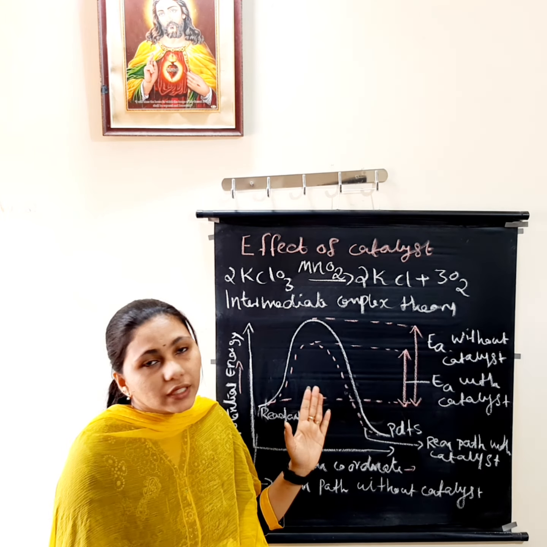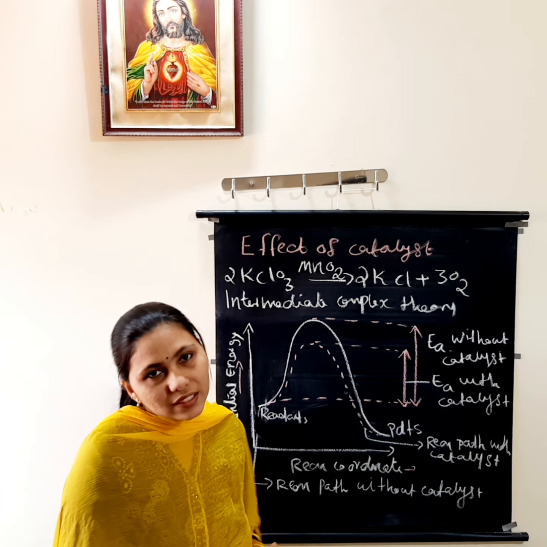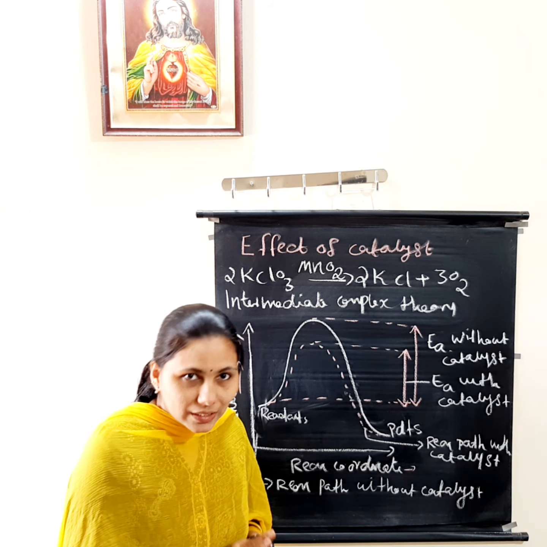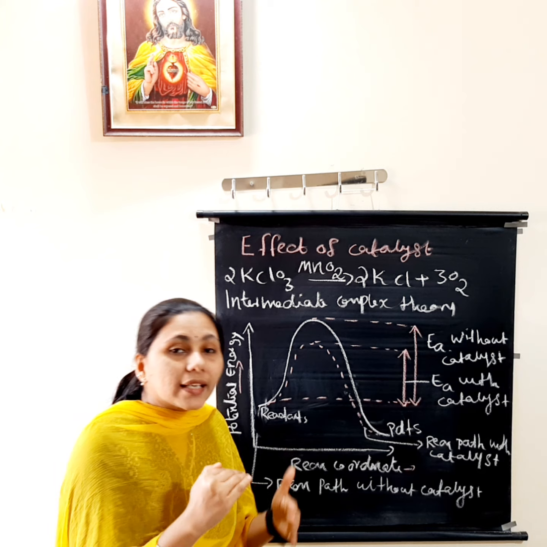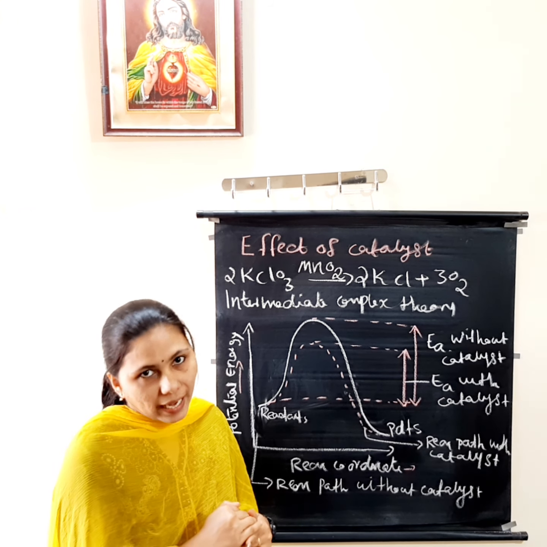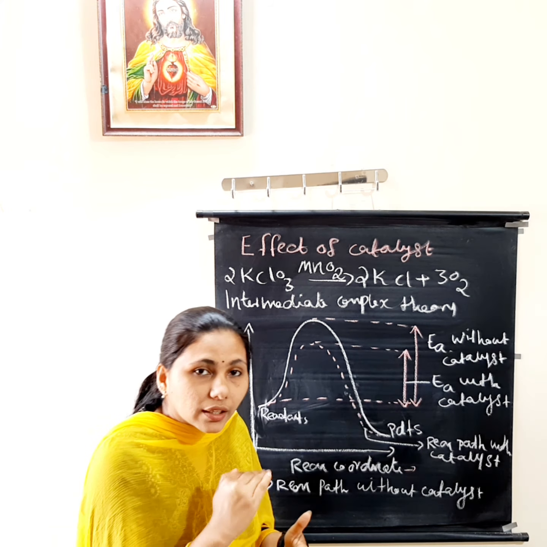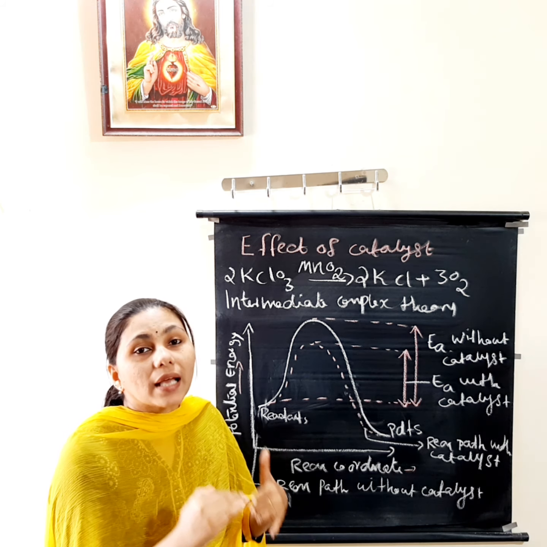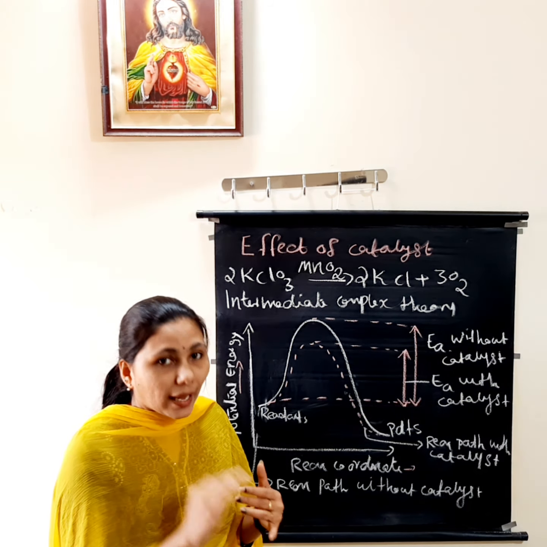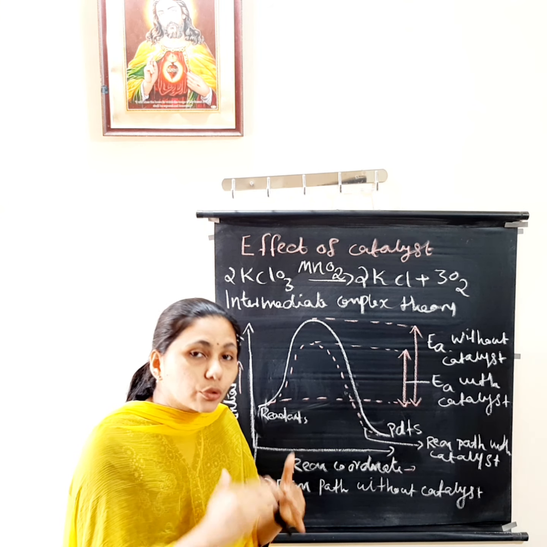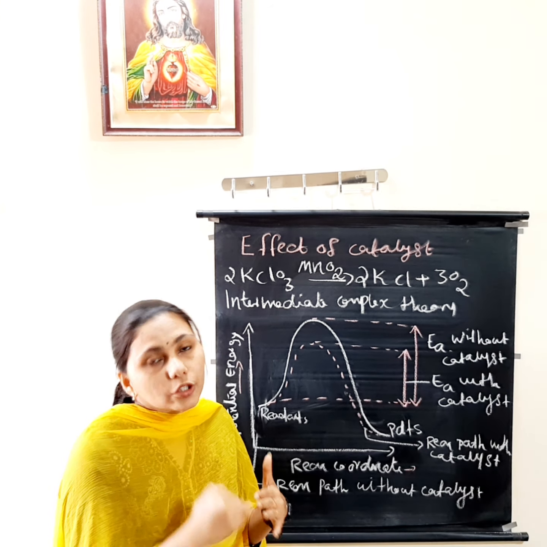What is the name of the theory? Intermediate complex theory. Okay, according to this theory, the catalyst reacts with which one? Reactants. The catalyst reacts with the reactants to form an intermediate complex.